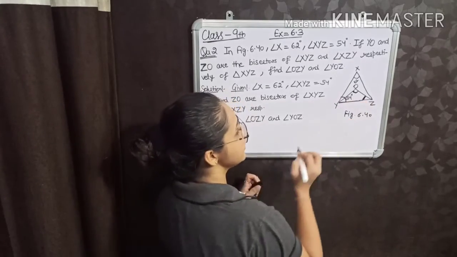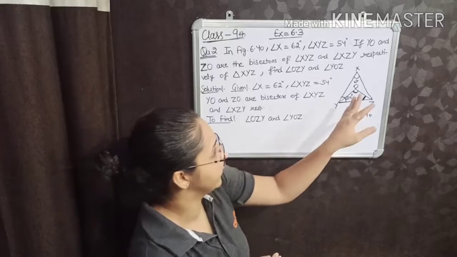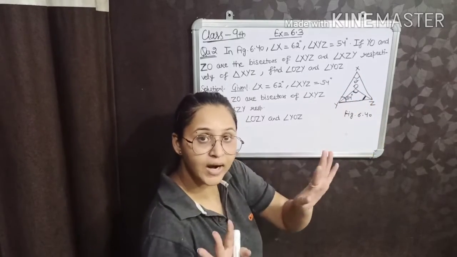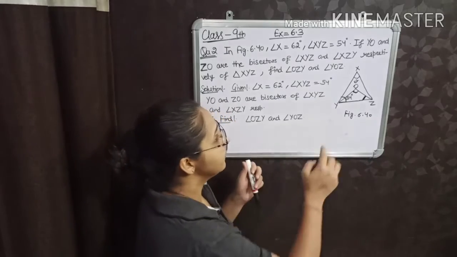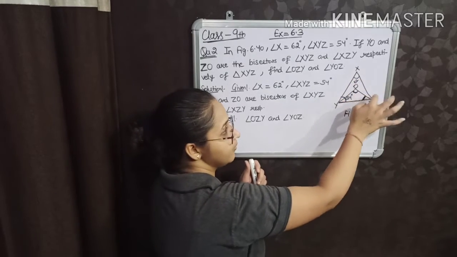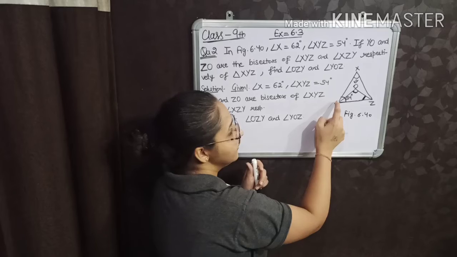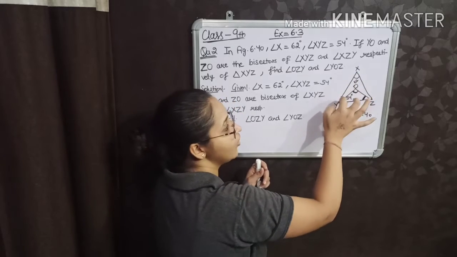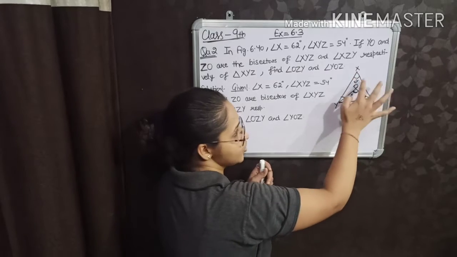Okay. Now see, first of all, there are two triangles, XYZ and OYZ. Two triangles are there and one angle is given of this bigger triangle, and this angle, 54 degrees, is the second angle of this bigger triangle XYZ.